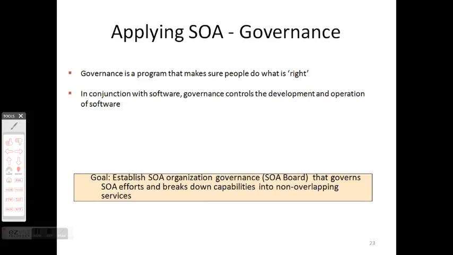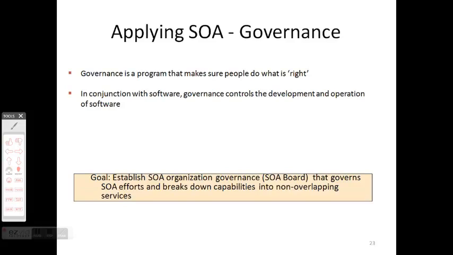How do we apply service-oriented architecture? In order to make sure we follow certain acceptable standards, we need a mechanism to ensure that service-oriented architecture is applied and managed in a proper, standard way. We need to have a governance program.